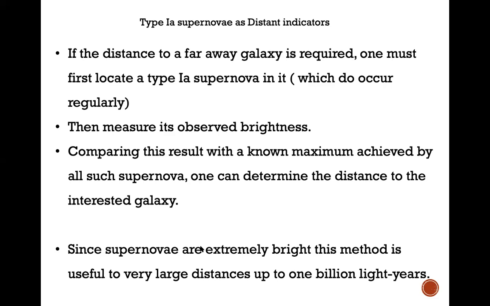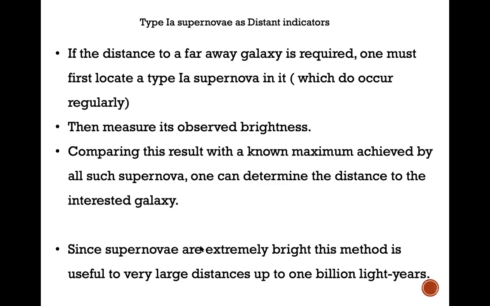Using supernovas to measure distances is one of the very efficient methods when you make measurements to galaxies. For example, if you need to make the measurement for other galaxies, this is a very accurate and very useful method. All you need to do is try to locate one of these type 1A supernovas in these galaxies, then you can accurately measure the distance to that particular galaxy.